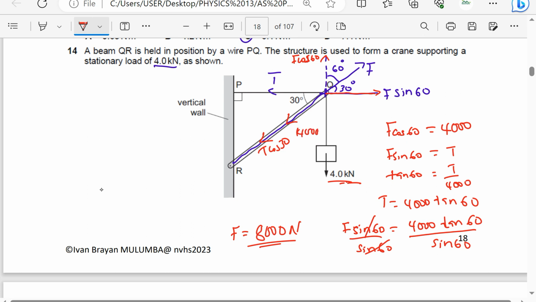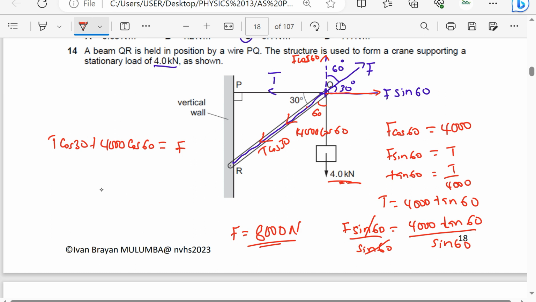If I use this angle, which is 60, that will be 4,000 cos of 60. So T cos 30 plus 4,000 cos of 60 should give us F. I've resolved the two forces in the direction along the same line as F. So T in that direction is T cos 30 if I use this angle. Then if I resolve 4 kilonewtons in this direction to be 4 cos of 60, this should give us the force pointing away. You can check this.